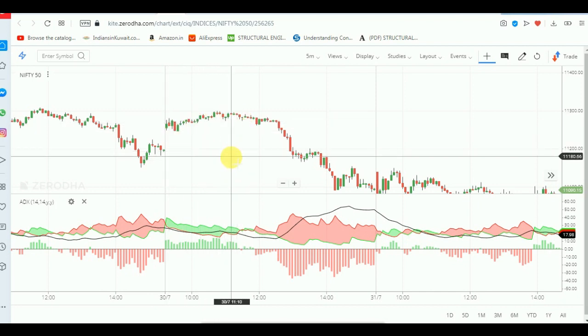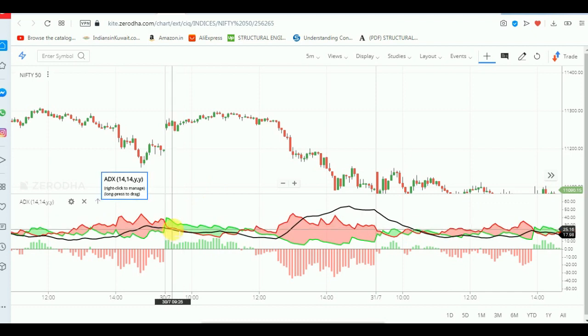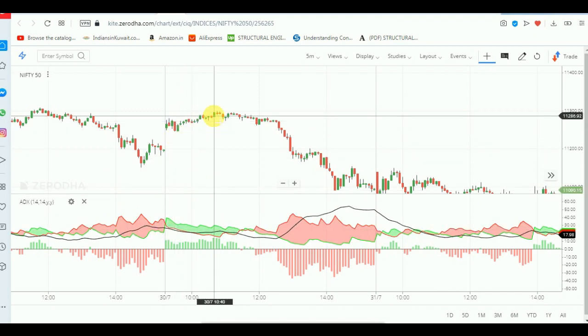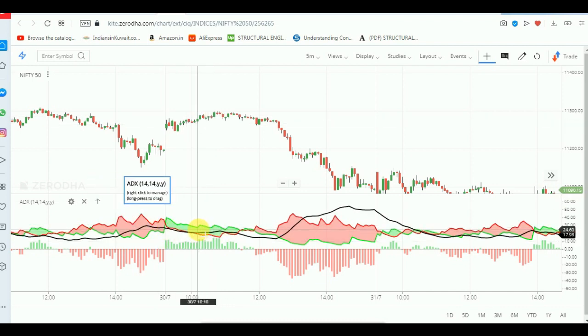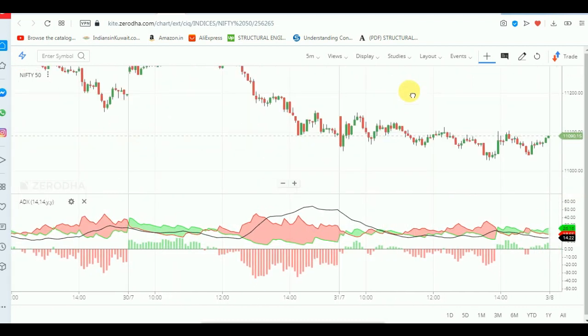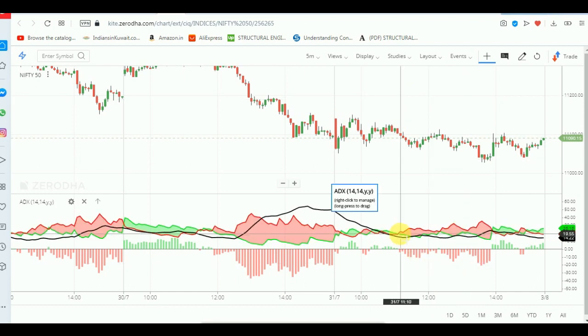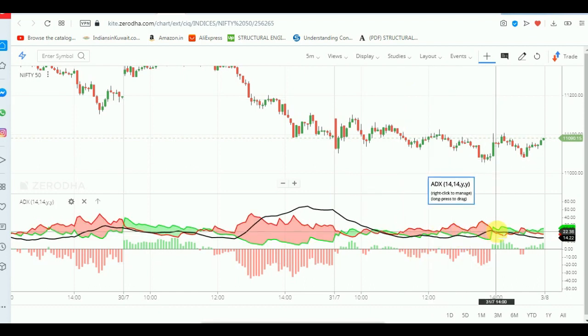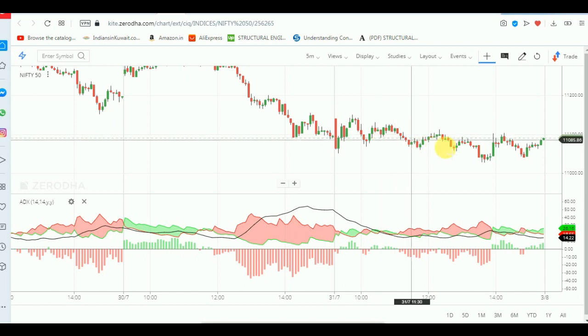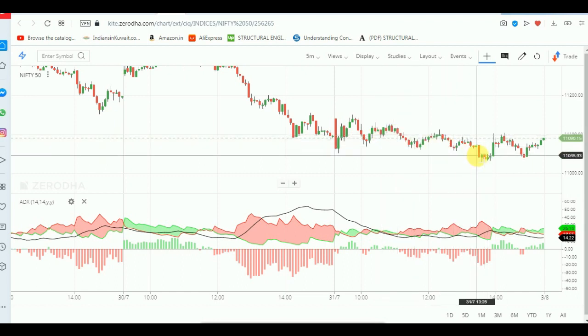Which means that the movement may not be very strong, even if we see the green, or somewhere here you can see the red filling from here to here, but the movement is not so great, only a slight movement was there.